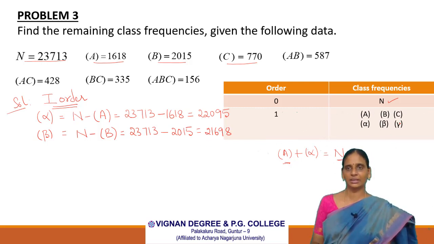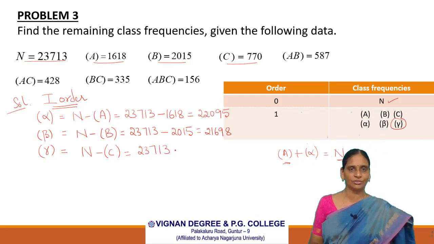And the third class frequency in the first order. So that is frequency of gamma is equal to N minus frequency of C. This is equal to, the value of N is 23,713 minus frequency of C value is 770.